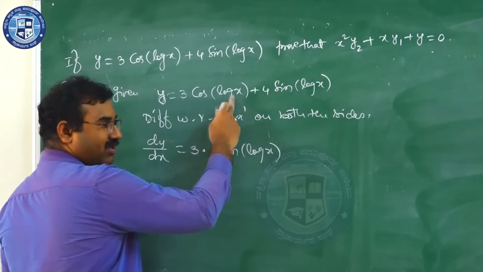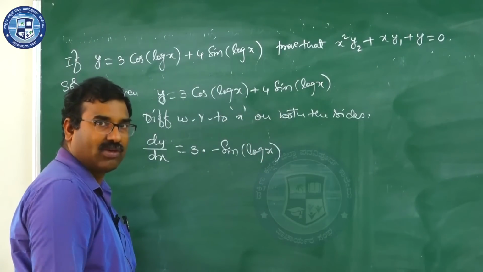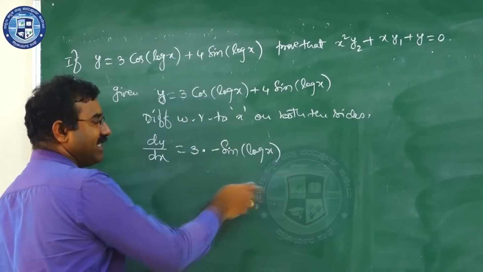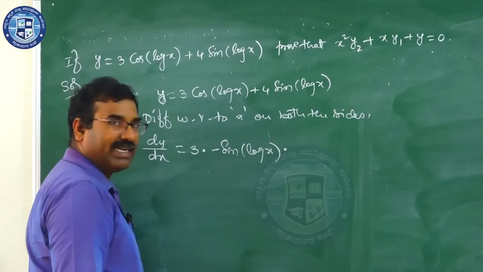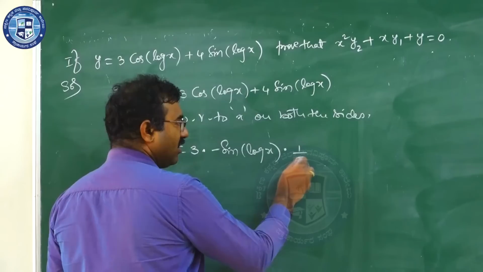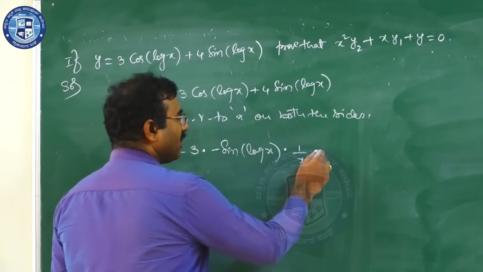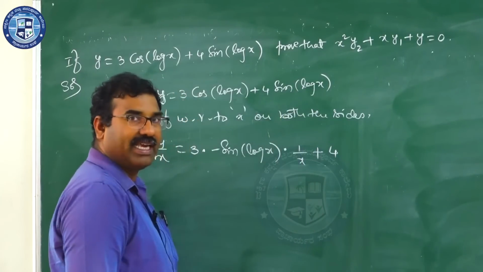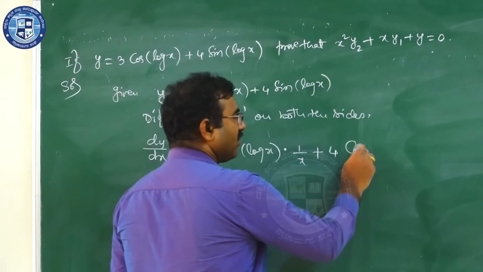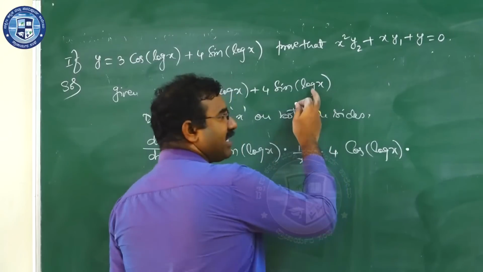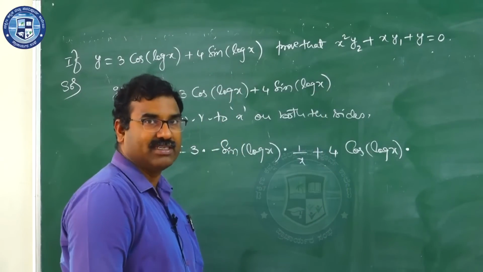Is it really x? No. To apply the formula we have assumed it as x and applied. So minus sin x into, again, d/dx of log x, which is 1 by x, plus 4 into differentiation of sin x, which is cos x. So cos of log x into, because it is not x, its derivative you need to consider, right?